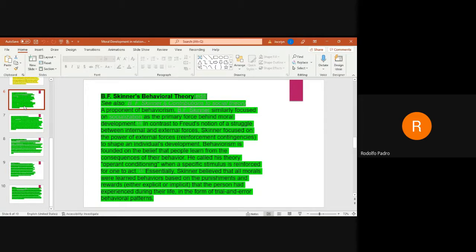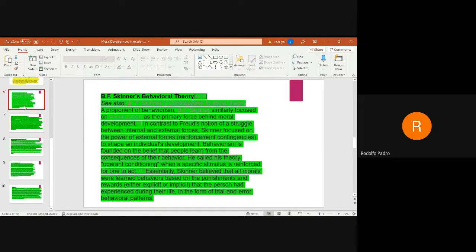The tendency for a person to perform a particular act in line with what is moral is because of the presence of rewards. Right? Remember your mother telling you, child, study well and we will buy you a cellphone. Or, child, as long as you pass the board exam, we will buy you a motorcycle.